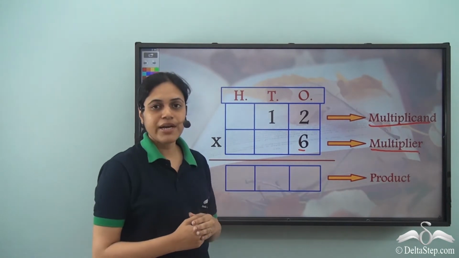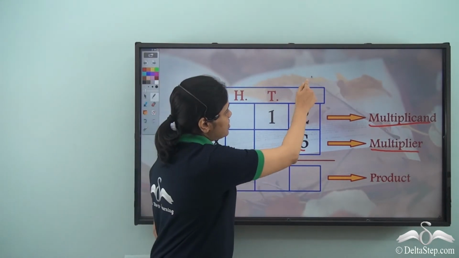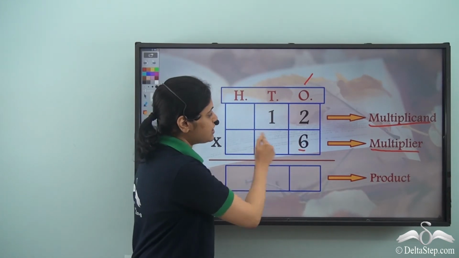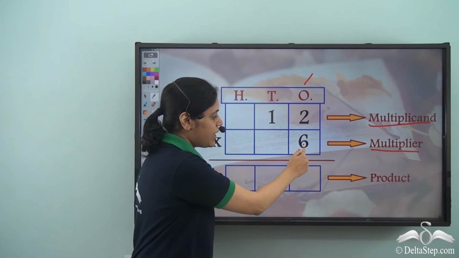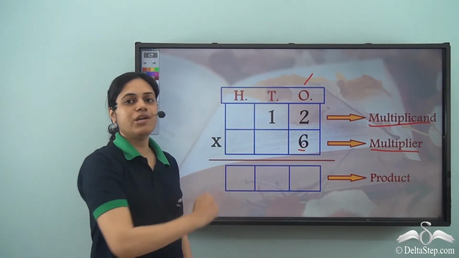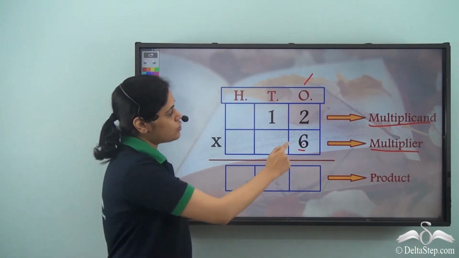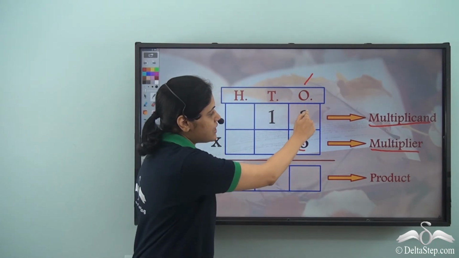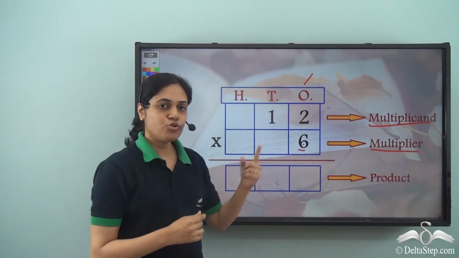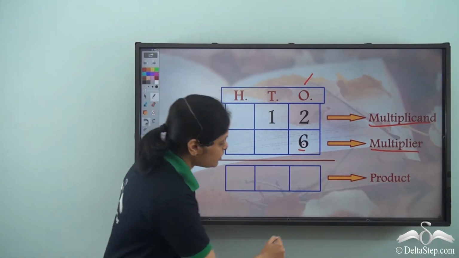So how do I do that? First, I start with the ones room. So 6 into 2. So the multiplier is multiplied with the individual digits in the rooms. So first I will multiply 6 with the digit in the ones room. 6 into 2 is 12.